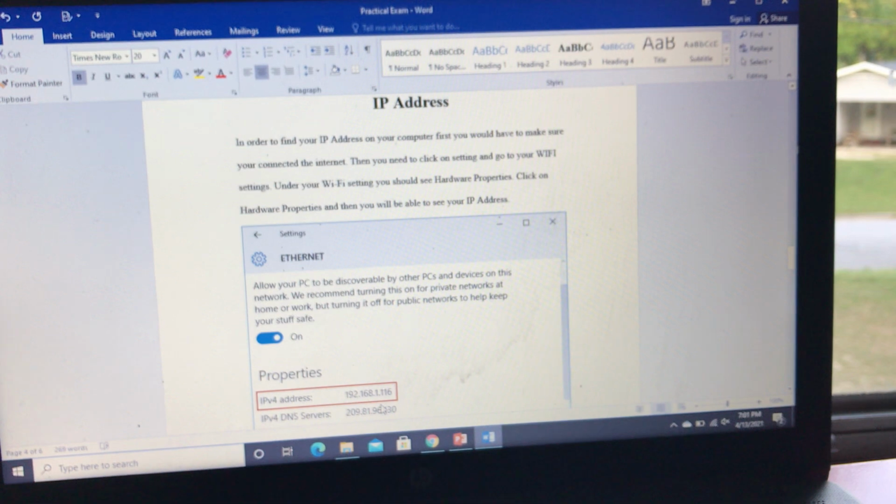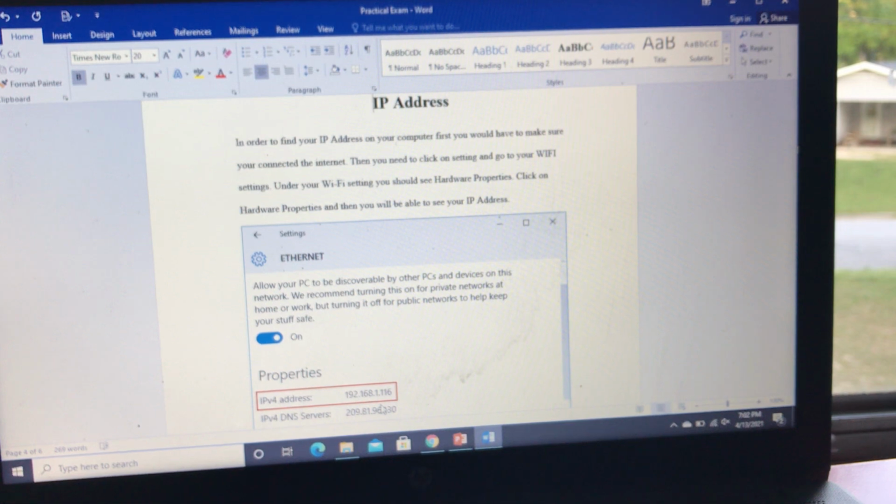So this is how you find your IP address. In order to find your IP address on a computer, you first will have to make sure that you're connected to the internet.